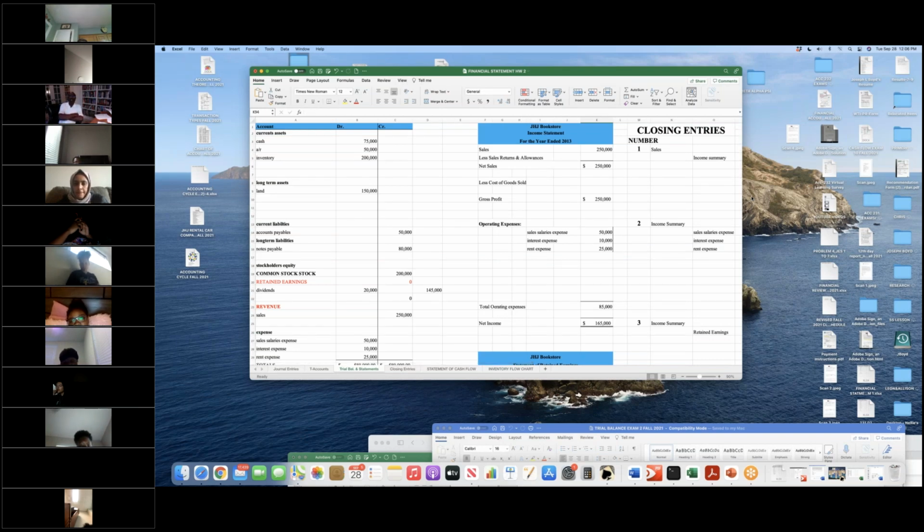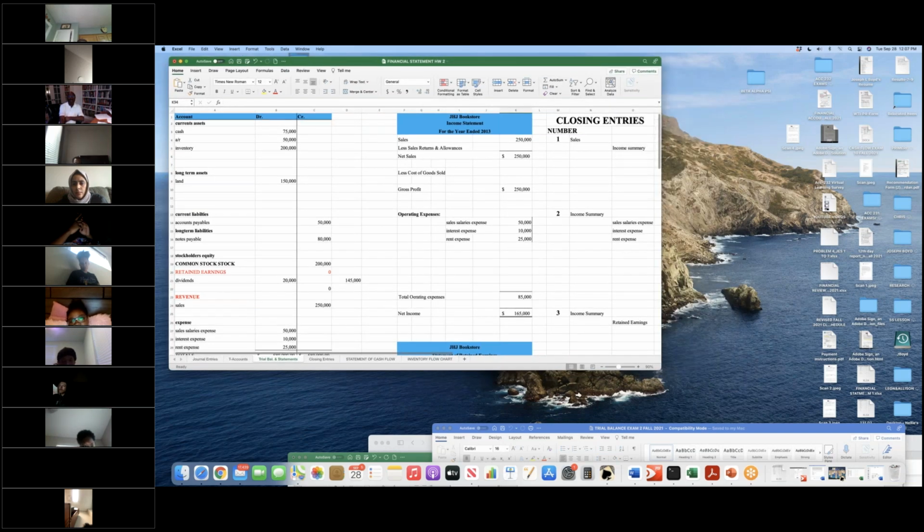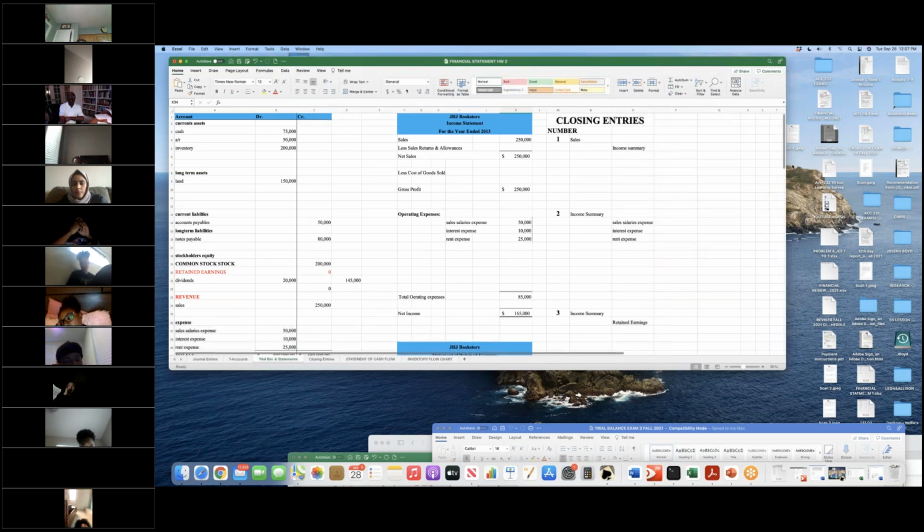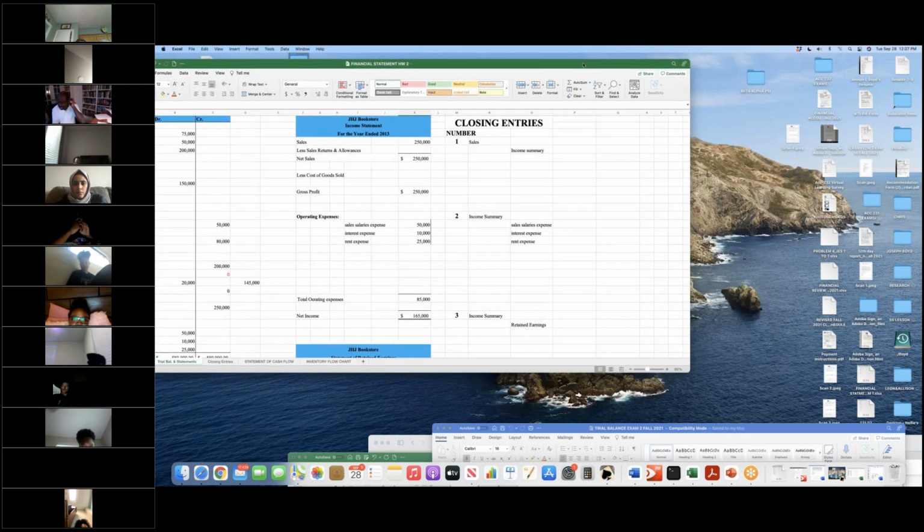Instead on a separate sheet, I just put them close by, so that you could make these closing entries and post them and 0 out all of those accounts.